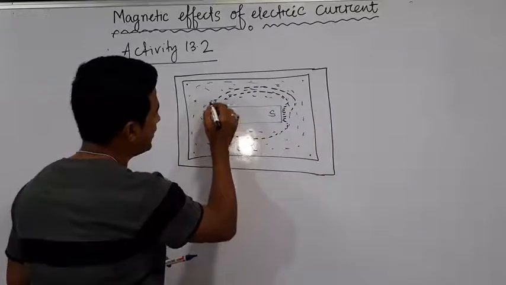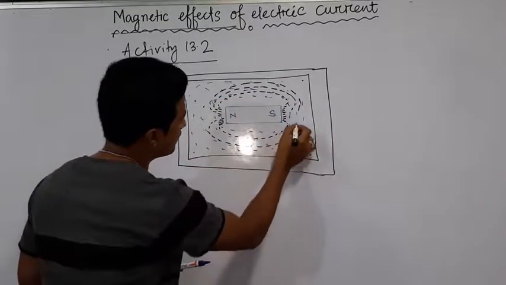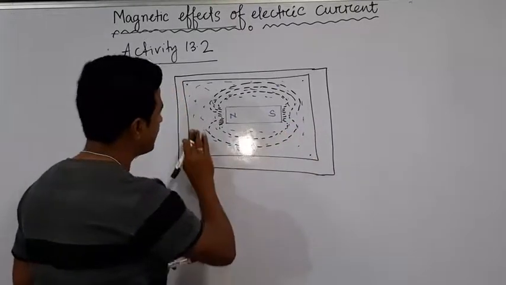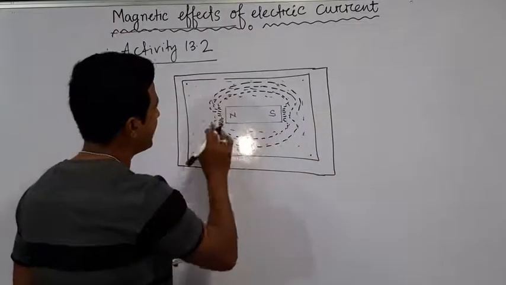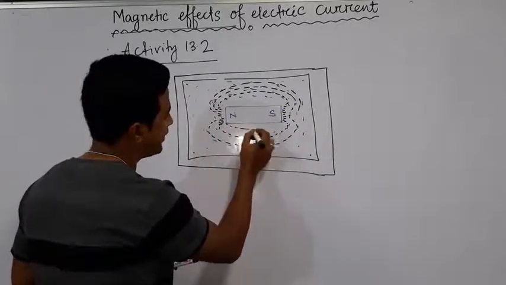The iron filings will create field lines like this. From this you will observe these are the magnetic field lines.